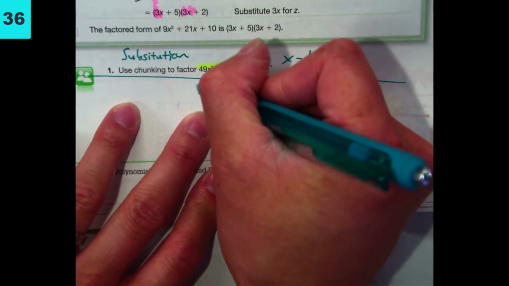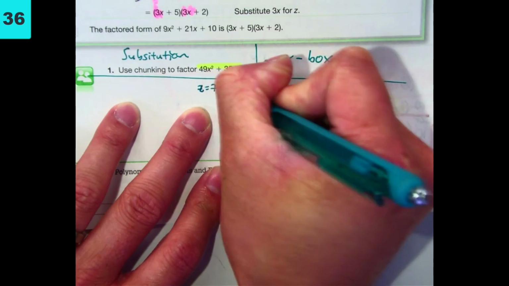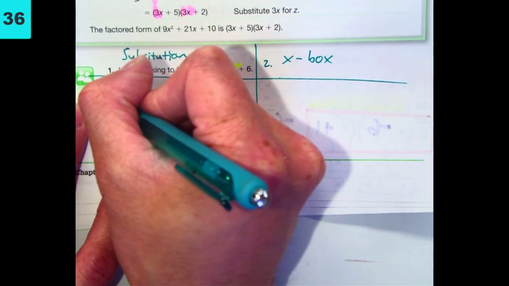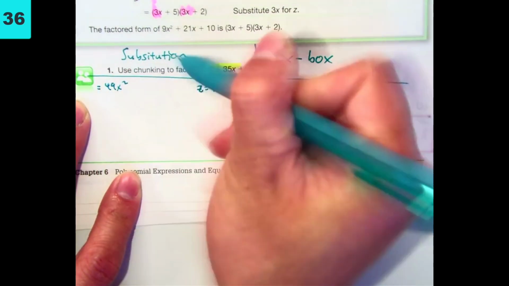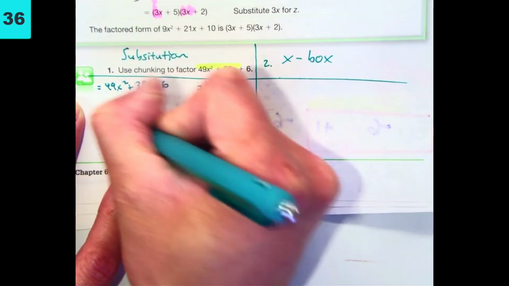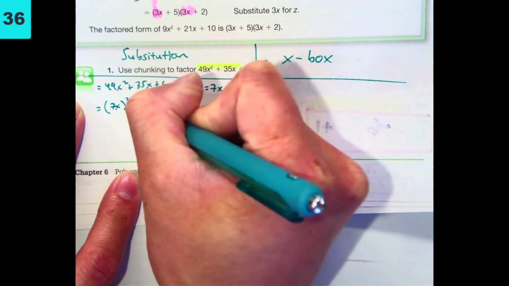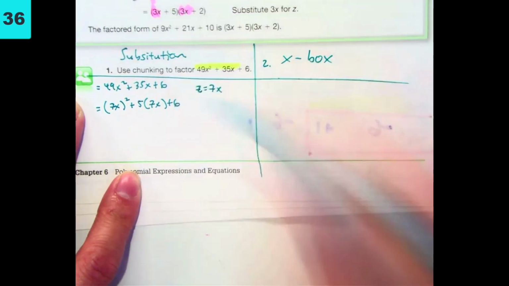Yeah, I can make that letter, we'll make it a z. Z is equal to 7x. So I'm just going to rewrite the problem. 49x squared plus 35x plus 6. And now I can write 7 parentheses 7x squared plus 5 times 7x plus 6.